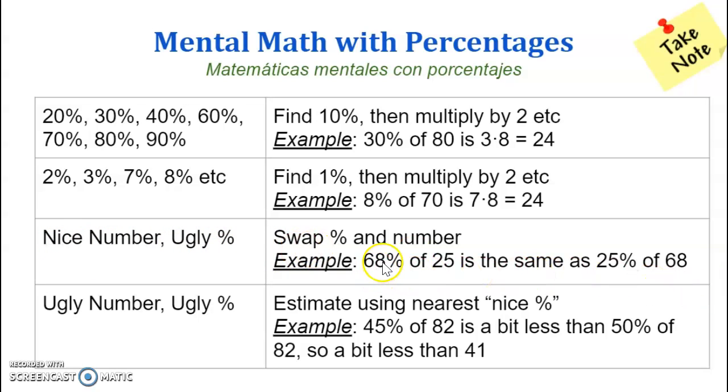So for example, 68% of 25 is the same as 25% of 68. What if you have an ugly number and an ugly percentage? Then the closest you can do mentally is just to estimate using the nearest nice number. So 45% of 82 is a bit less than 50% of 82, so it's less than 41.